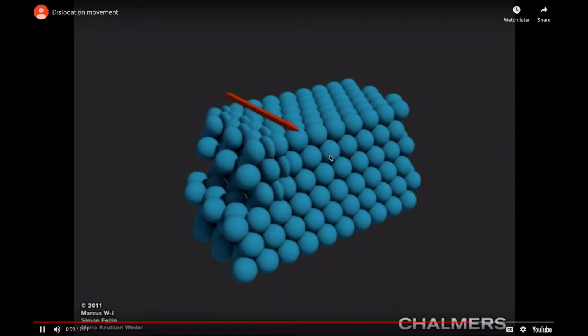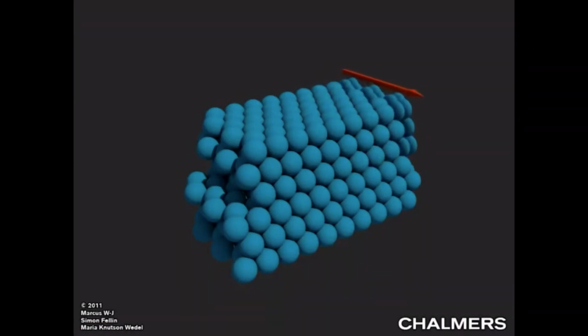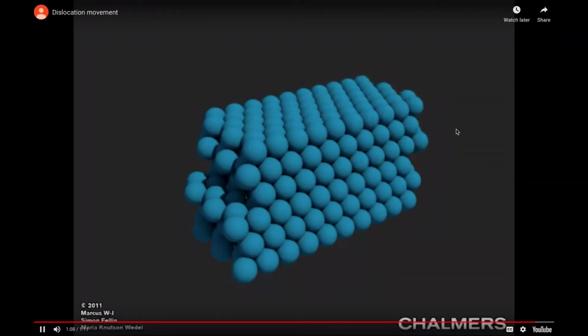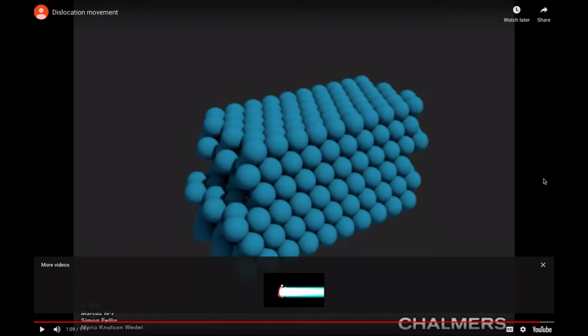Yeah, this is the three-dimensional simulation. I hope you get the idea of the linear defect through this image.